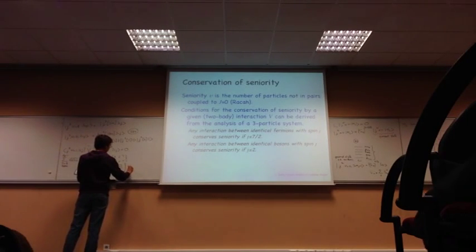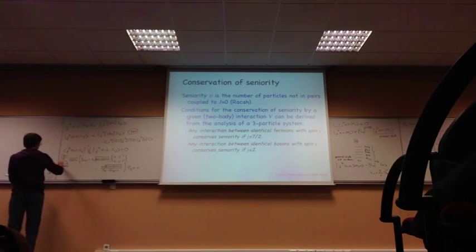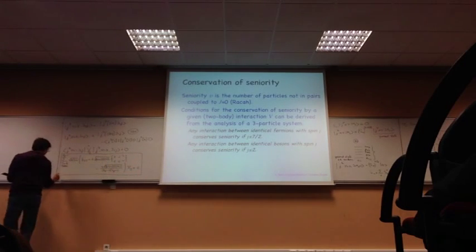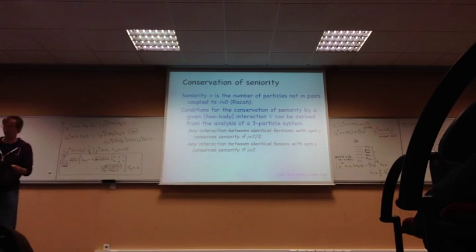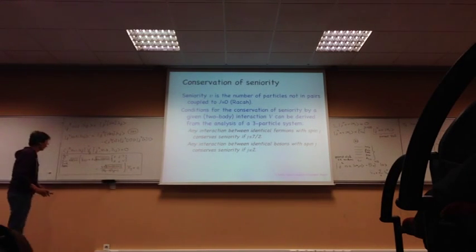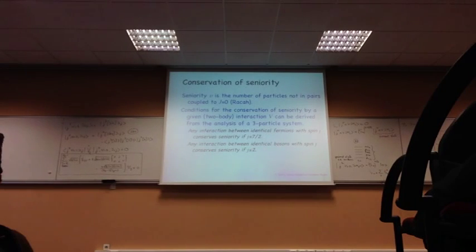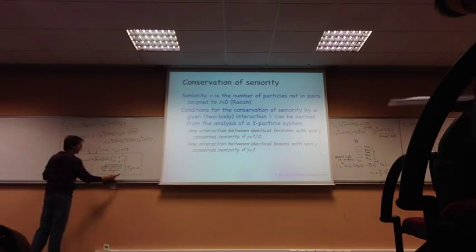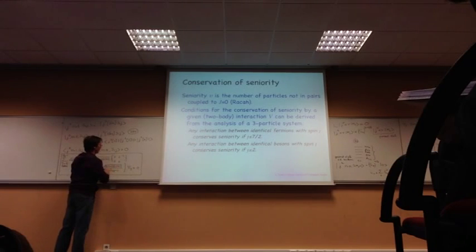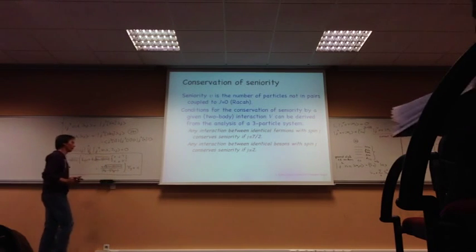This Vj is, so remember, these are the two-body interaction matrix elements. And these are just numerical coefficients.